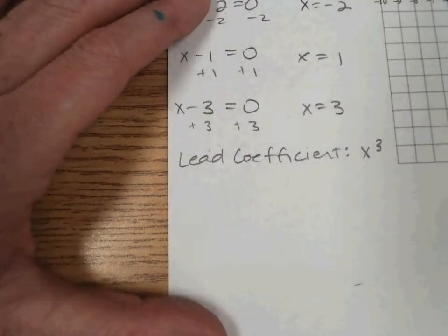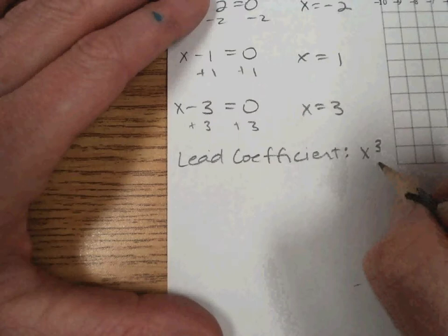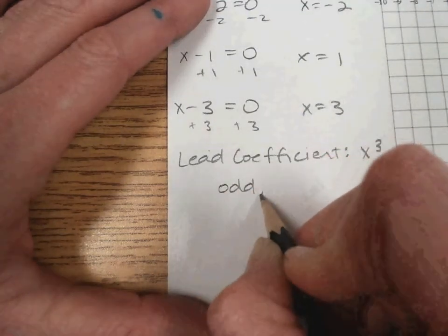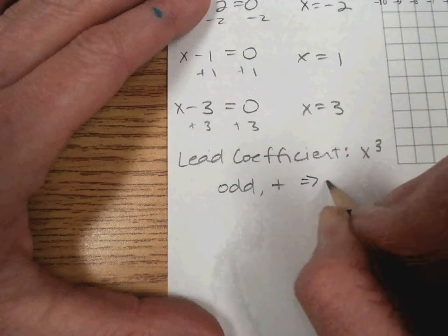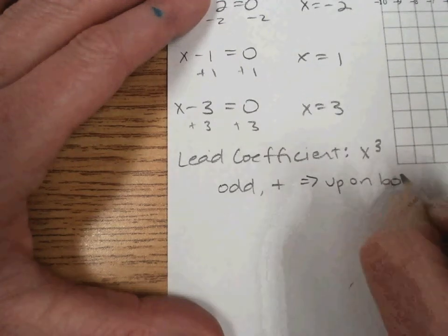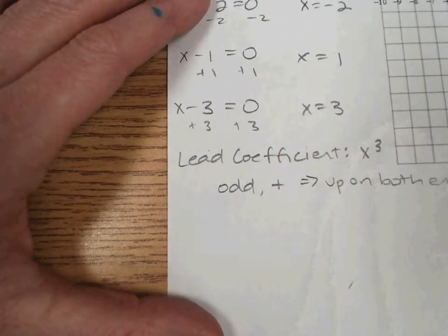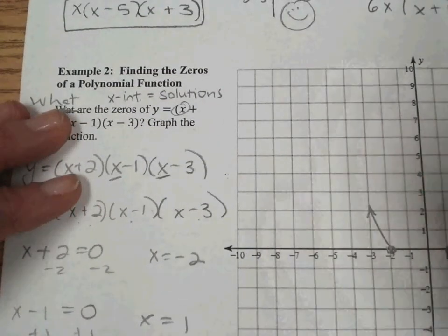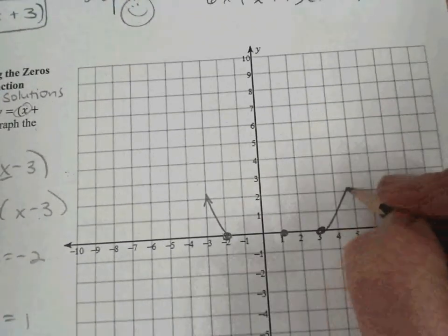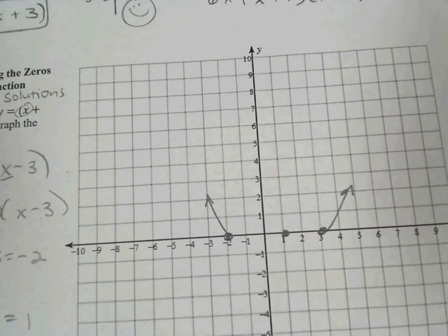That's what we want to look at, thinking back to lesson 5.1. Since this is odd and positive, that's going to give us going up on both ends. So we can indicate that this is going to go up on both ends.